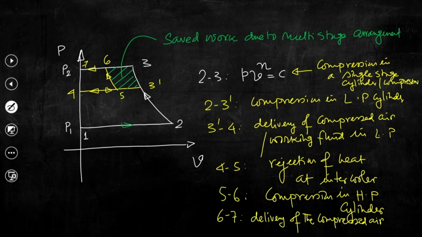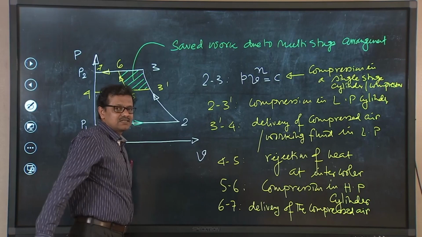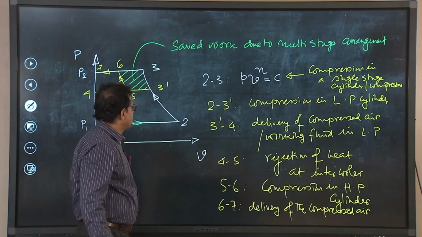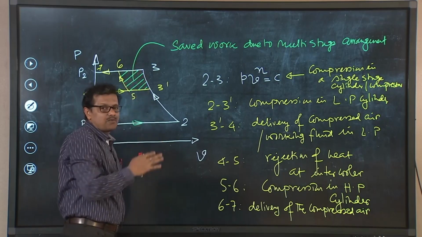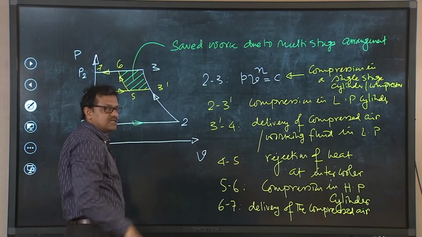So, this much amount of additional work would have been needed had we performed the compression process by using a single stage compressor, but what we can do now, we can save this much amount of work because of this multi-staging arrangement.